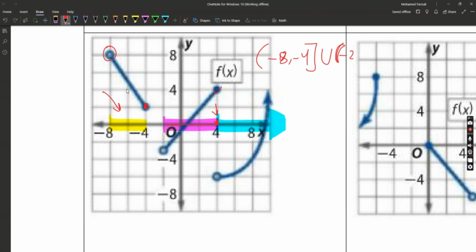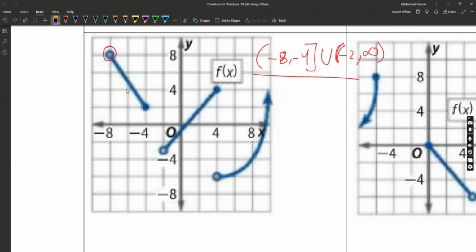So it's 4, the interesting one. If you have it or you don't have it. If you don't have 4, you have to separate your domain because I don't have this point. But right now I have it shaded up there. So I have 4, so I don't have to split my domain. I'll go all the way to infinity. So it's -2 till infinity. We don't have any missing number here. We already have 4. We have a value for the function at 4. It's defined. So your domain goes all the way to infinity from this direction.